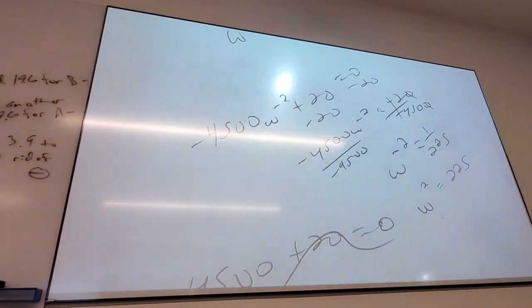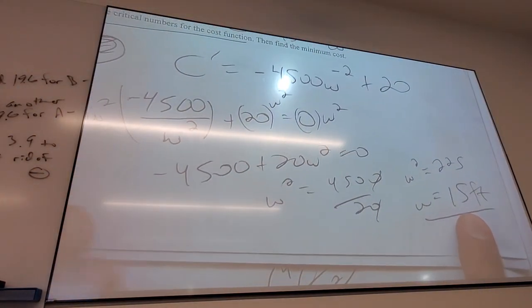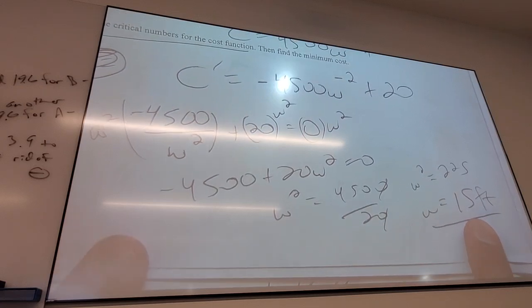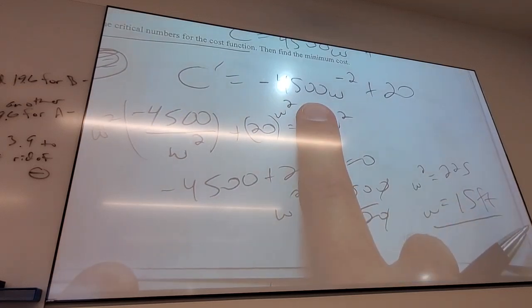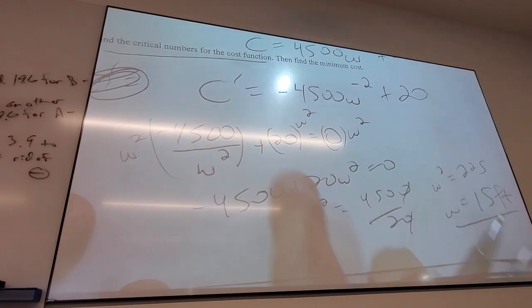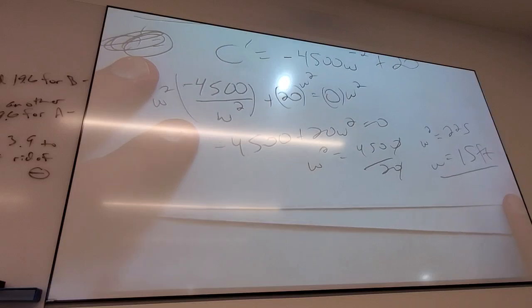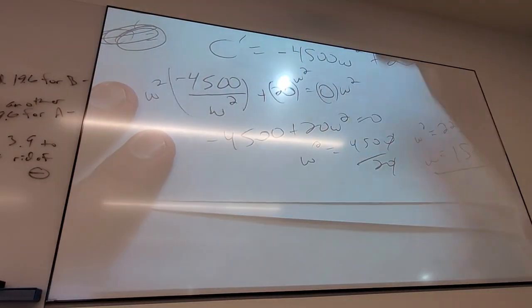Alright, I've got one suggestion as to how to make sure this is a minimum, which is to do a second derivative. Second derivative wouldn't be that bad, yeah? What would the second derivative of this be? Of the cost?